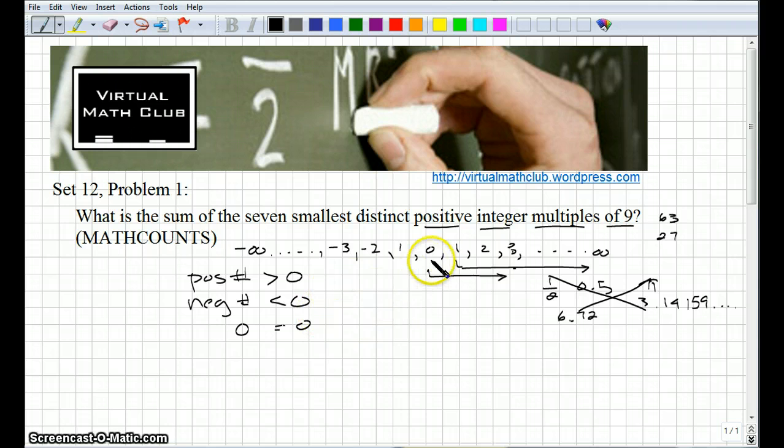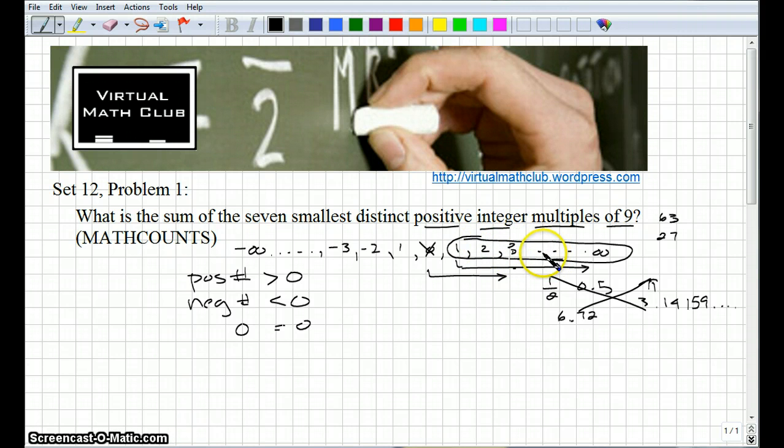So it's sort of in no man's land here. It's not positive, it's not negative. So when we add the smallest distinct positive integer multiples of 9, we would not include 0. So the set that we're dealing with is just 1, 2, 3 on up. These are the positive integers.